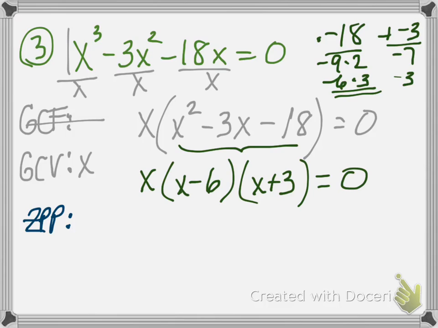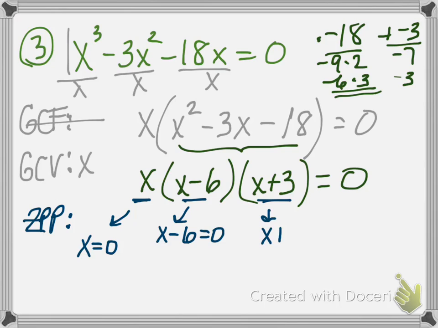So I have 3 terms here. I have this term, and this term. Each one of them has to be set to 0. So either x equals 0, well there's one answer right off the bat, that's nice, or x minus 6 equals 0, or x plus 3 equals 0. So like I said, this first one, that's just an answer right off the bat. x could equal 0.